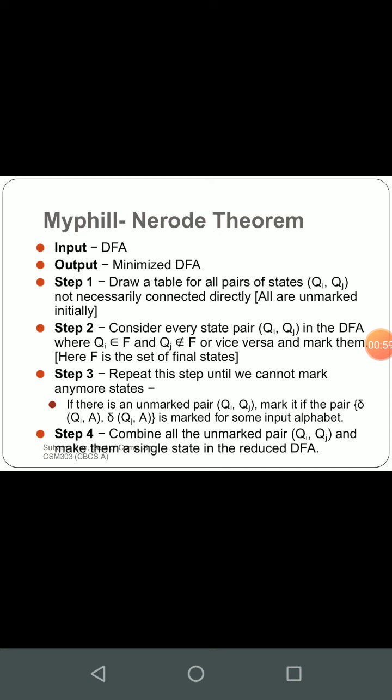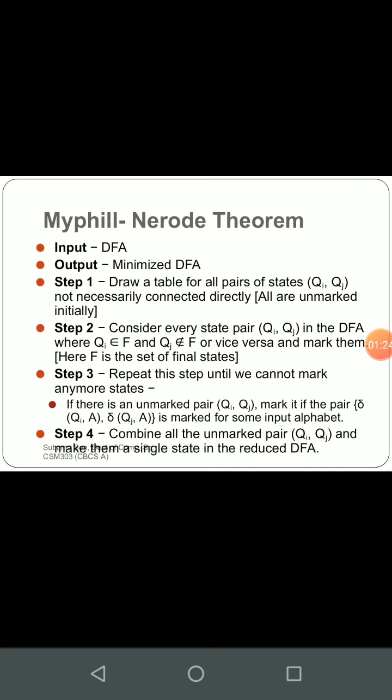In this algorithm, the input will obviously be a DFA, or deterministic finite automaton, and the output will be a minimized DFA. Means our motive will be, if possible, to reduce the number of states that were there in the DFA, and the number of states in the minimized DFA should be lesser than that.